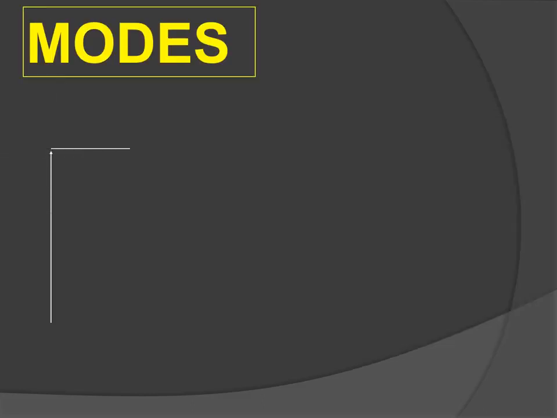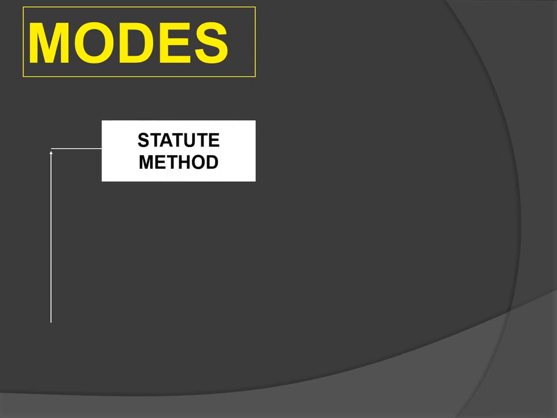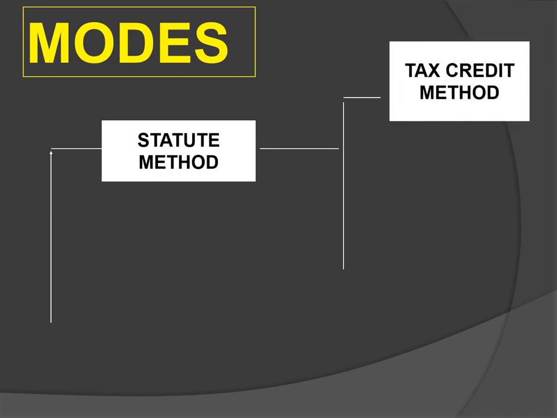We said there are two modes. The statute method, again, which is present in our code right now, because we allow for tax credit of foreign taxes paid. In short, the foreign taxes paid are allowed to be deductible from the income that is due to the Philippine government. That is if the taxpayer signifies in his return that he wants to avail of the tax credit method.